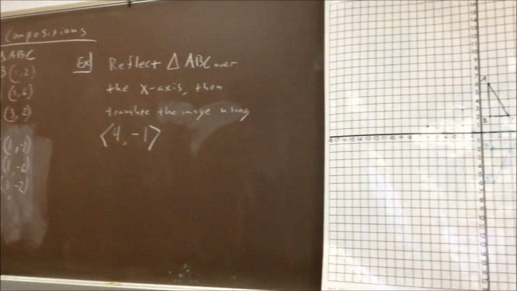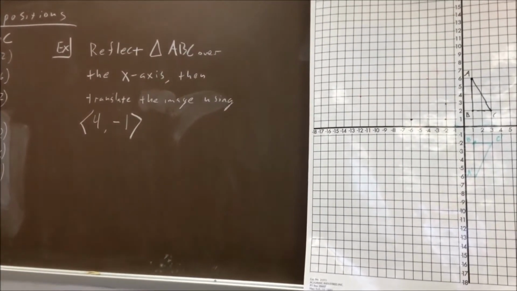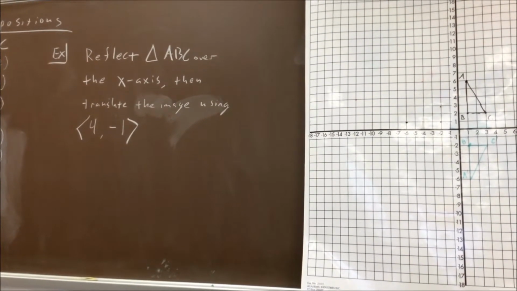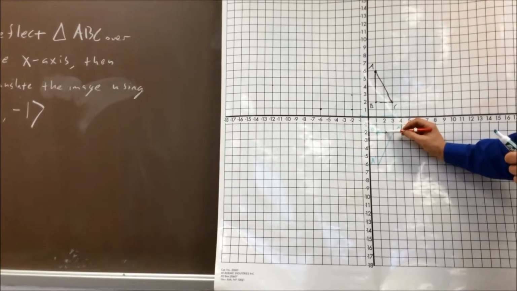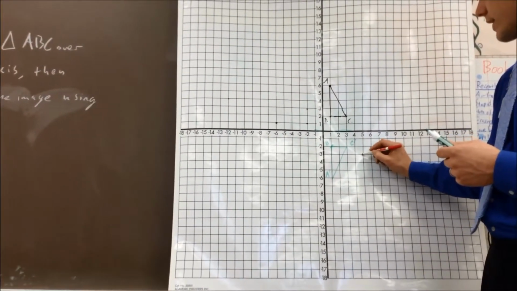4, -1. So that means which way should we translate it first? Which way does the 4 make us move here? Right 4 and down 1. Right 4, so I'm going to take B prime and go right 1, 2, 3, 4. Then -1. Correct.